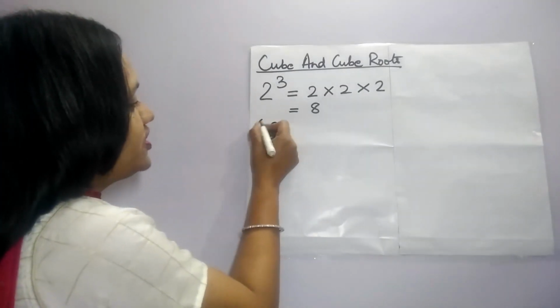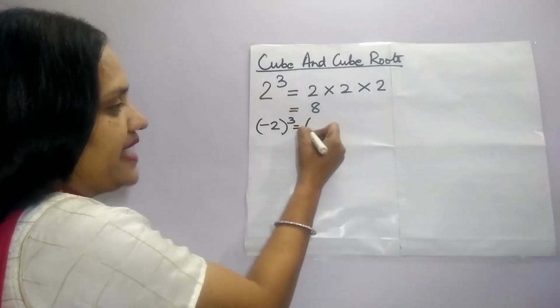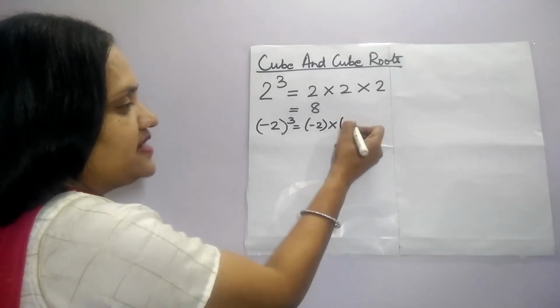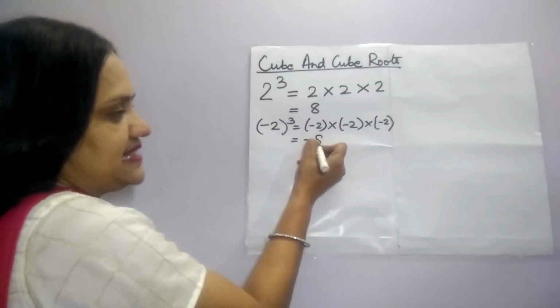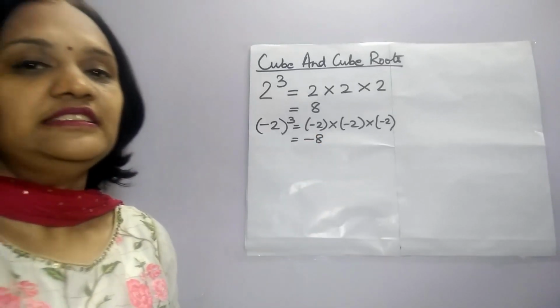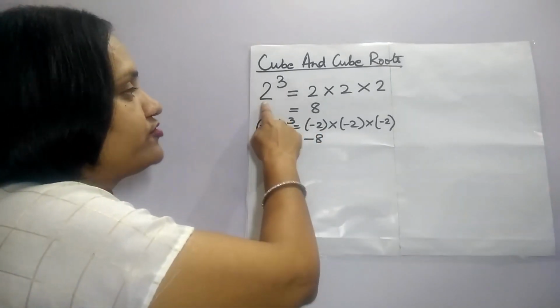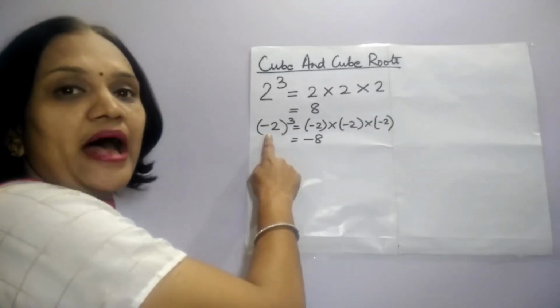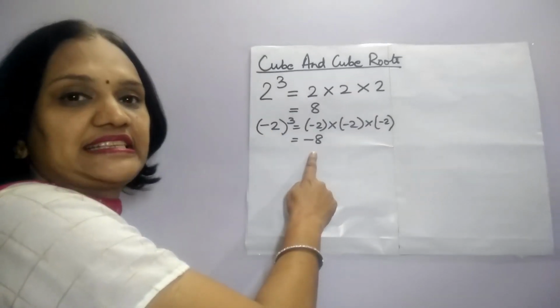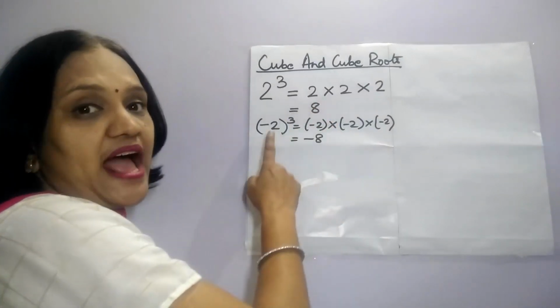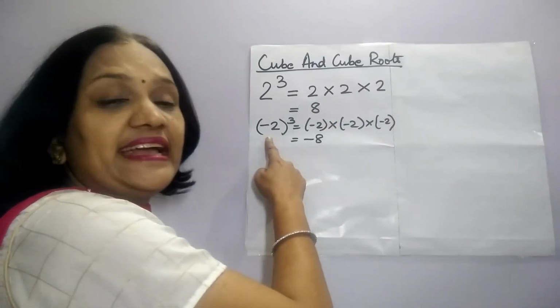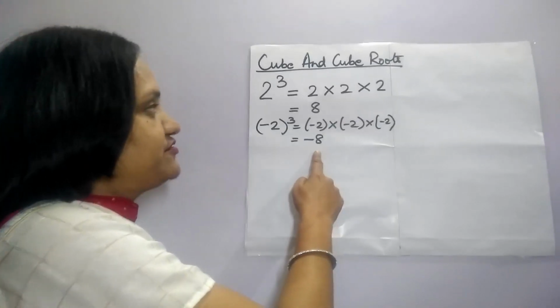Minus 2 whole cube means minus 2 into minus 2 into minus 2, which is minus 8. So we learned that the cube of 2 is 8, the cube of minus 2 is minus 8. The cube of a positive number is positive, whereas the cube of a negative number is negative.